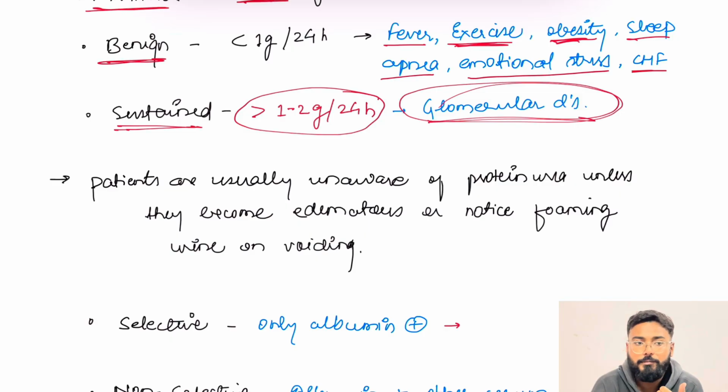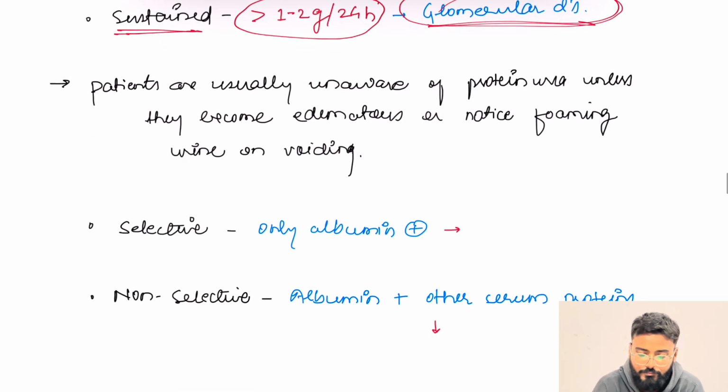And there is no way that, if there are no symptoms and no difficulty in the life of the patient, the patient can know that ongoing proteinuria is there and there is ongoing damage to the glomerulus. The patient only notices when there are symptoms, that is your foaming, your edema and all.